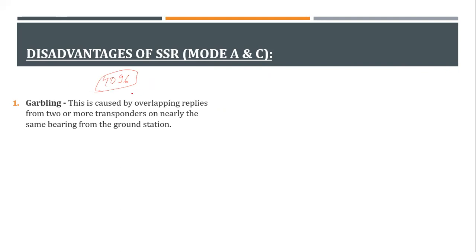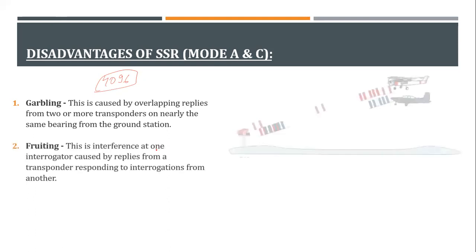Now what happens is, because we have so few codes, and we know that there are more aircraft than this in the world, there is something known as garbling. This is caused by overlapping replies from two or more transponders on nearly the same bearing. Then we have fruiting.